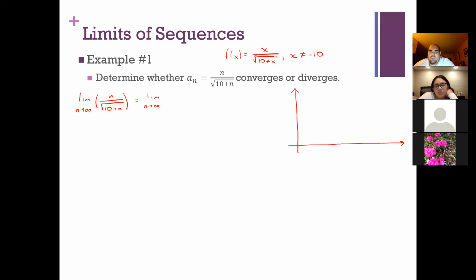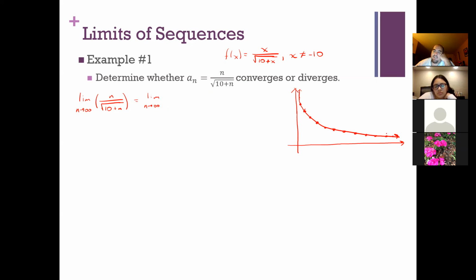Let's say I have a continuous function that looks like this. But if I have a sequence that has the same behavior, then the sequence is not defined everywhere where I have this curve drawn. The sequence is only defined where the inputs to this function are integers.